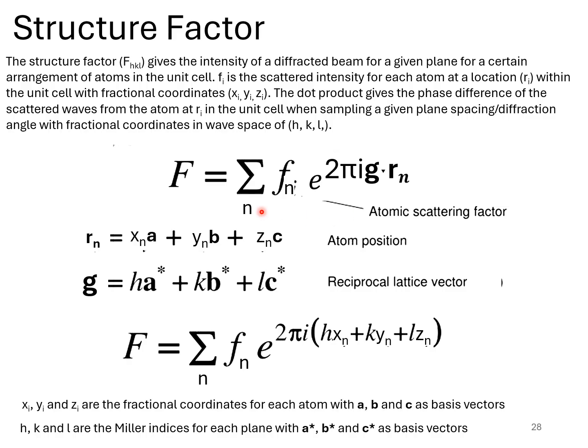So if we sum over all the atoms in the unit cell, we get a net value for the scattering factor. Fn here is just the individual scattering from a single atom.